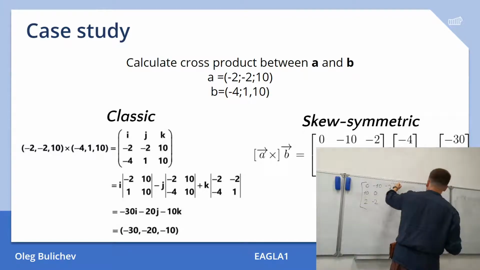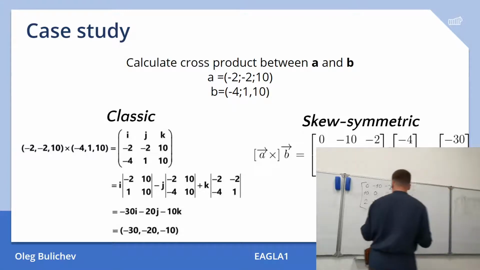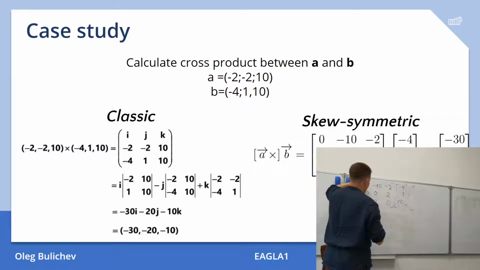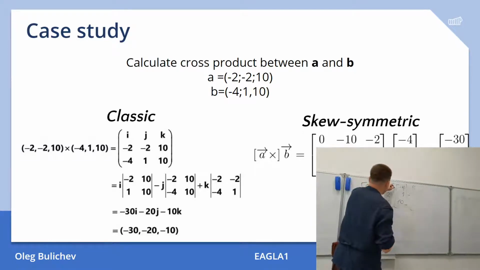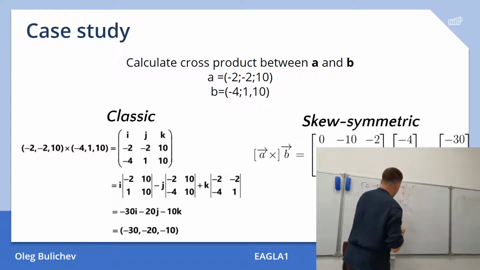Minus 4, 1. So we want to multiply a matrix by a vector. See, we have this row, and we have, unfortunately, one column. We want to find this value.